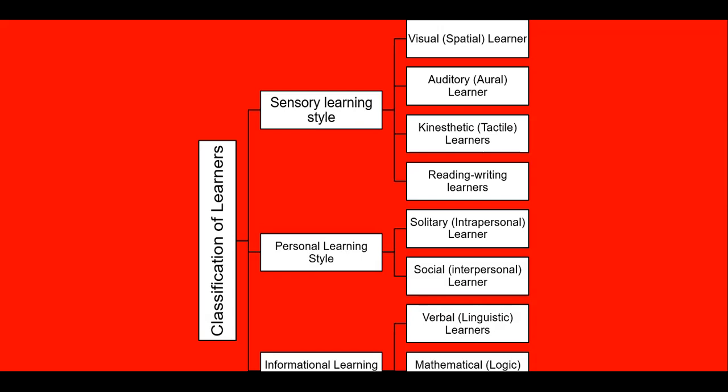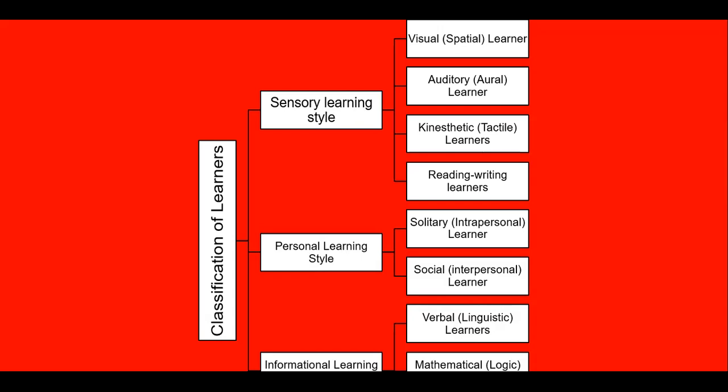It is classified into two, the solitary and the social. The solitary interpersonal learners learn better when they are alone, while the social learners learn better in social gathering.